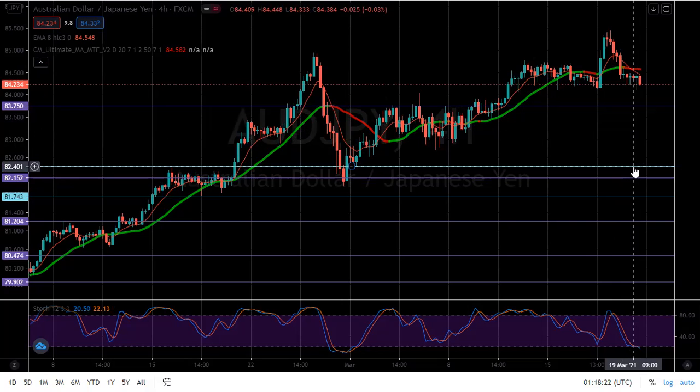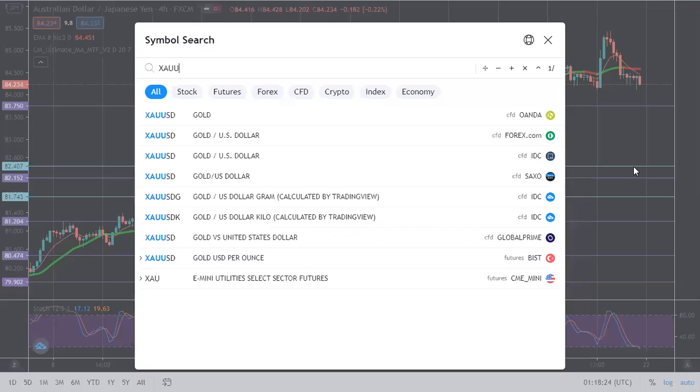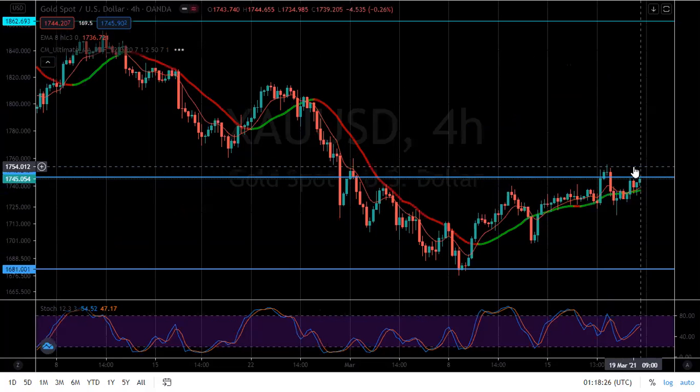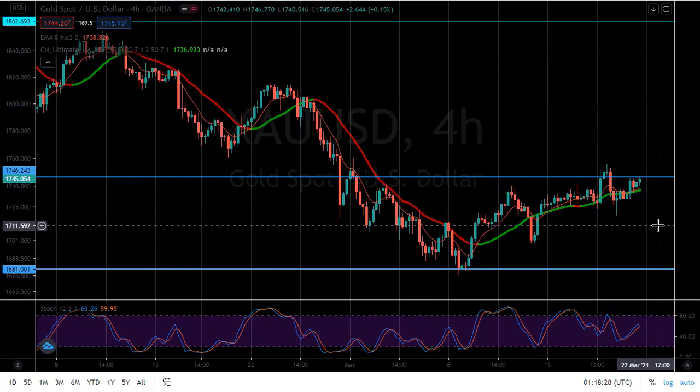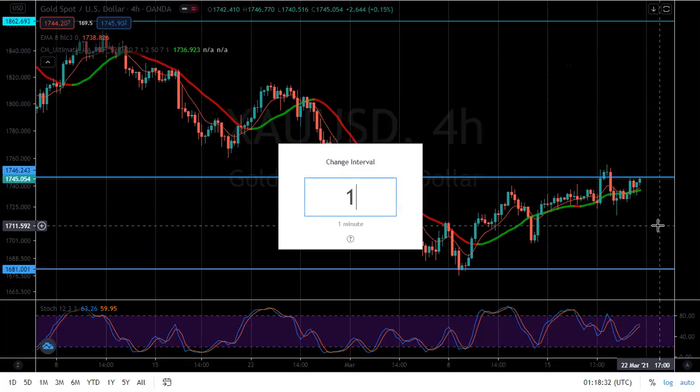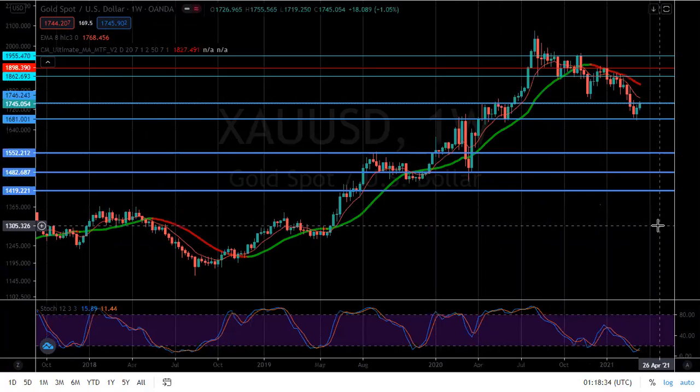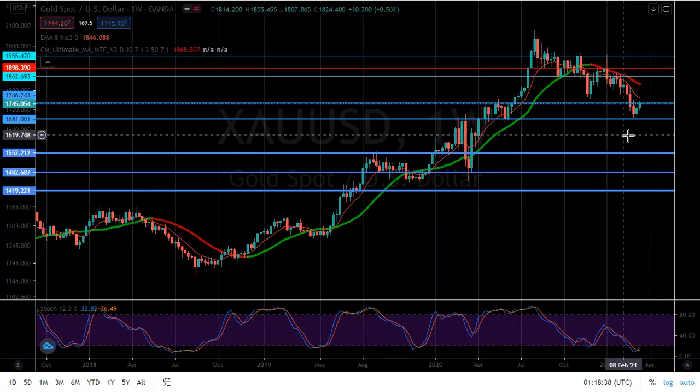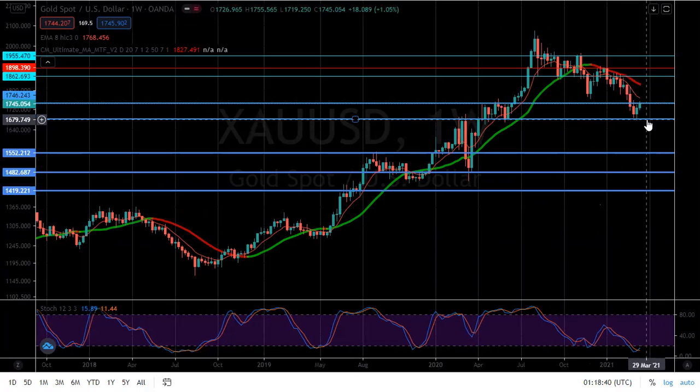The next I look at is gold. And for gold, we had a continuation to the upside. Let's look at the weekly time frame. We've had that continuation to the upside for gold. And here, yes, we got to this key level.